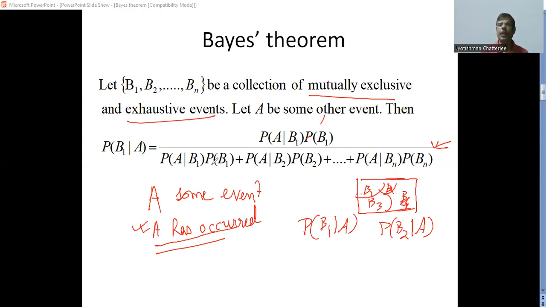It's given that A has occurred, and you are trying to conclude which one has occurred, whether it is B1 or B2 or B3 or B4. That's why you are trying to compute these probabilities, P of B1 given A, P of B2 given A, P of B3 given A, and P of B4 given A.